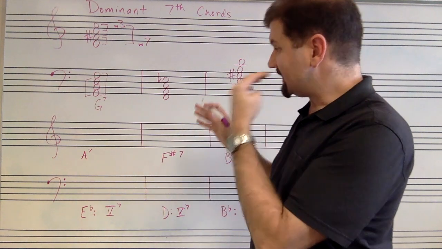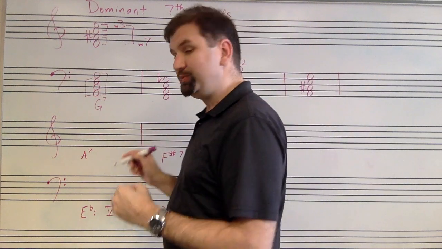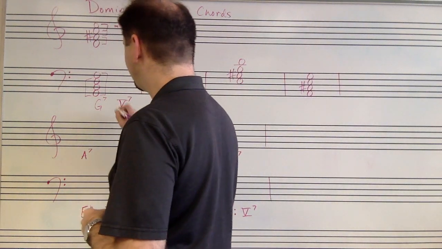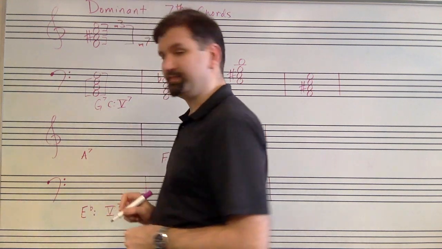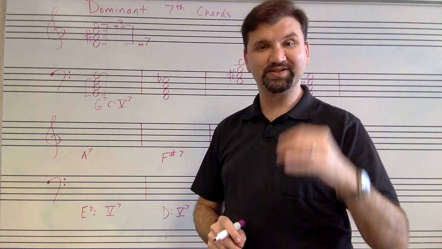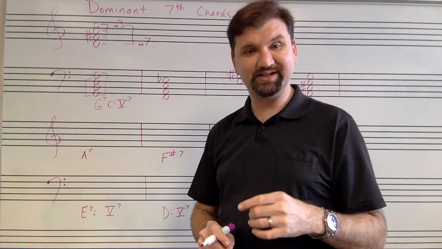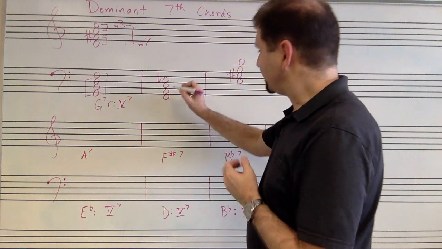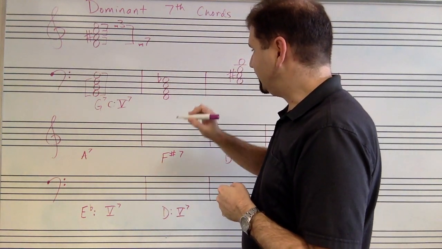Another way to think of it is that this G7 would be the V7 for the key of C major. So in C major, G is the 5, so a G7 in C major is the V7. Here we have an F, F-A-C, E flat.